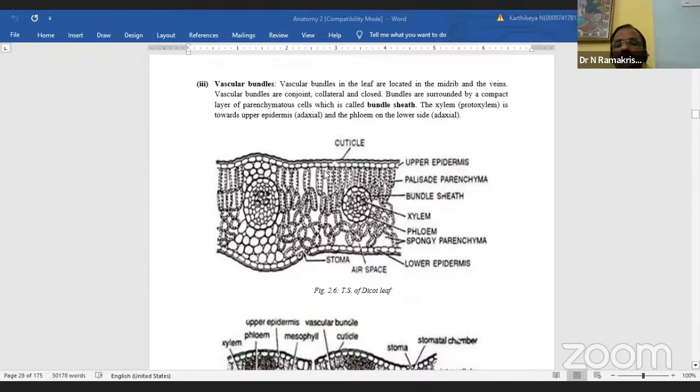Next, now you see here, below the upper epidermis and above the lower epidermis, we see long, scaly, spongy tissues.